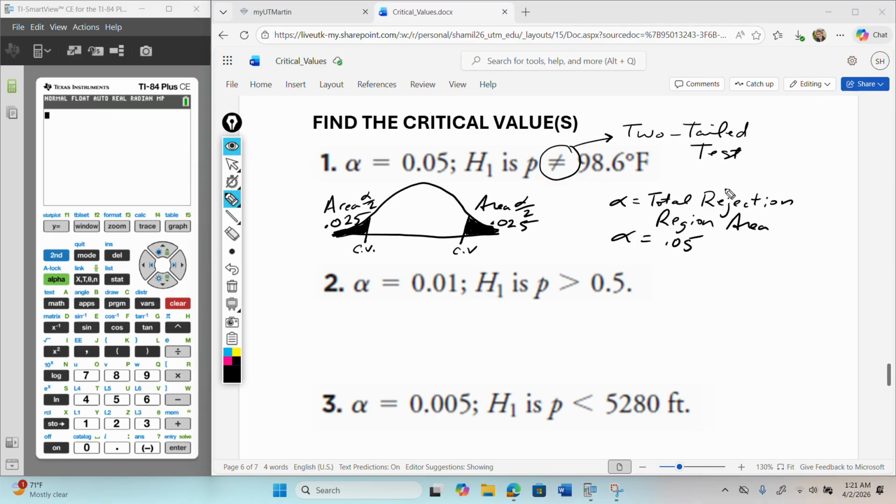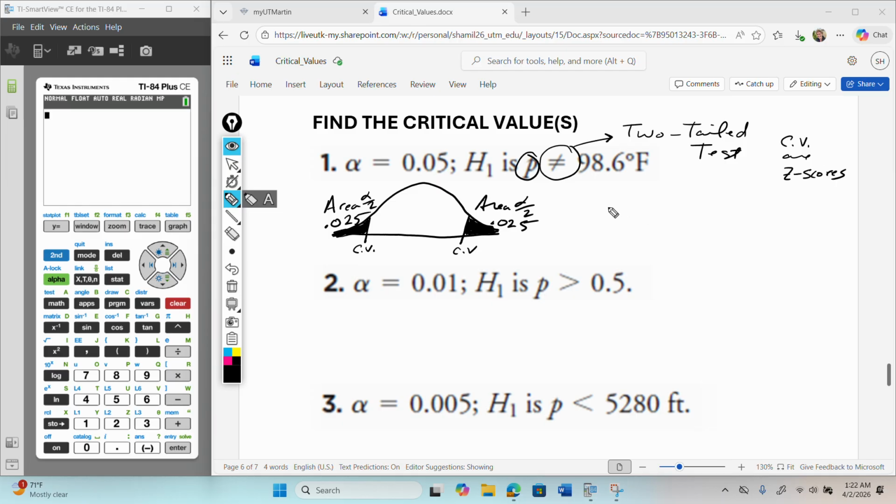Now, will our critical values be z-scores or t-scores? Since our population parameter is proportion, then our critical values are going to be z-scores. Z-values. Okay, so the command I'm going to need to use is that inverse norm command.